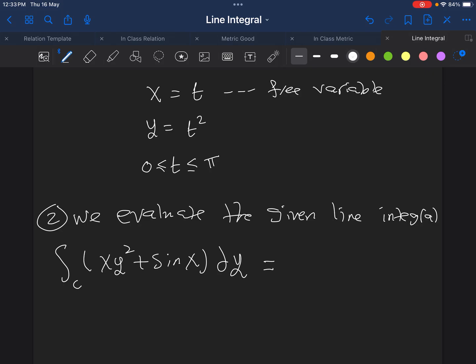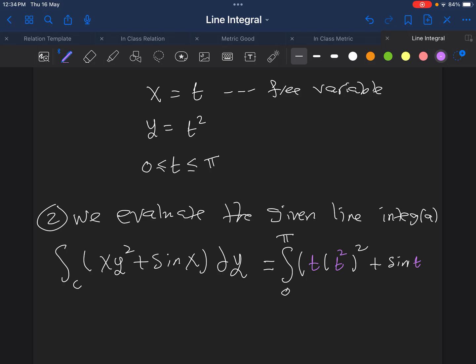Now, what's this line integral? Again, we have to do the integration from 0 to pi, because that's where t is. Now you have to remove every occurrence of x, and we write t, so the first x will be t. For the y squared, it will be just t squared squared, and then we have the plus sine x. Instead of x, I will write t.